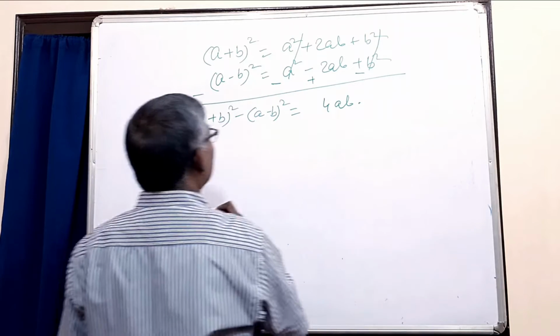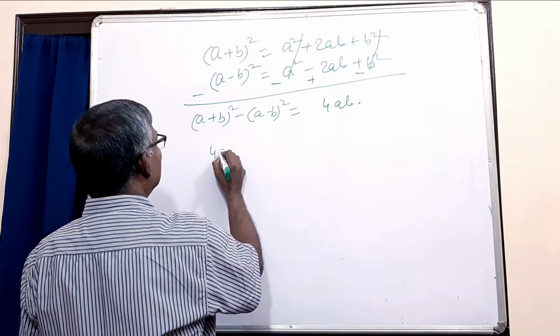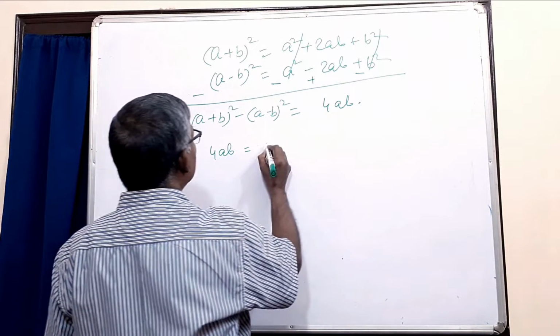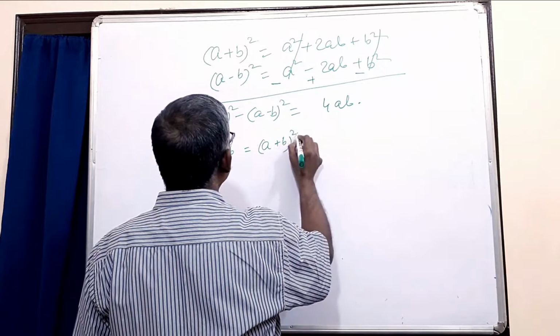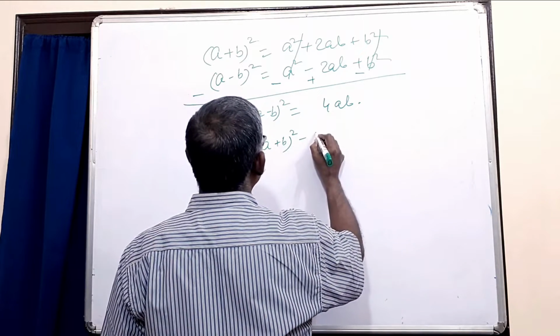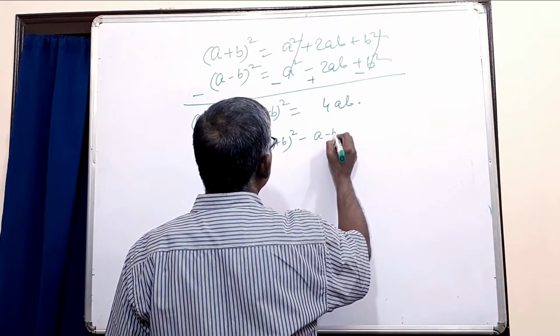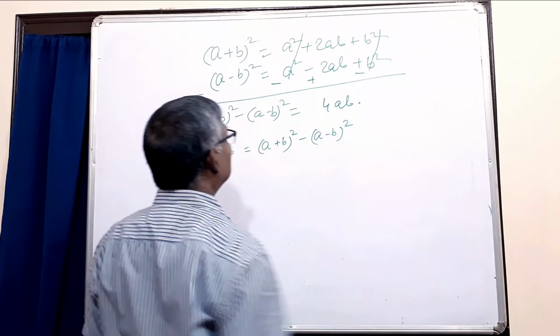In other ways we can write 4ab equals to a plus b whole square minus a minus b whole square.